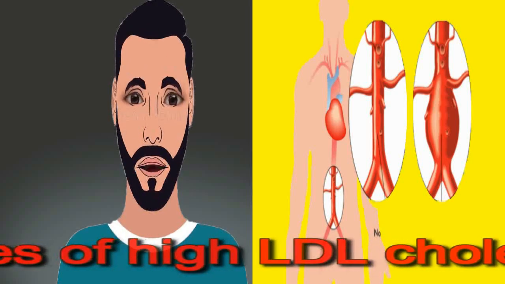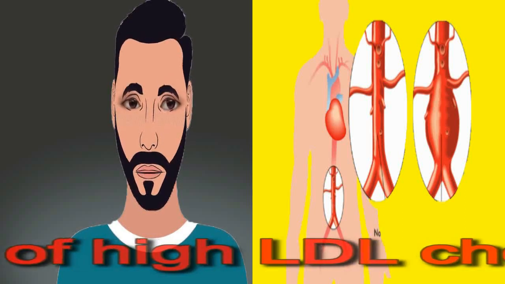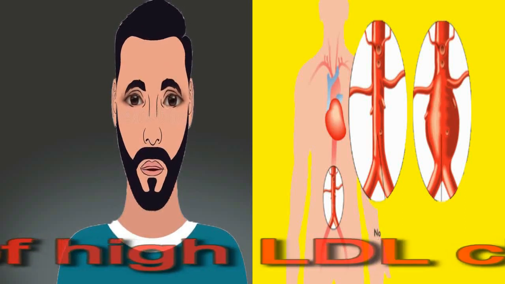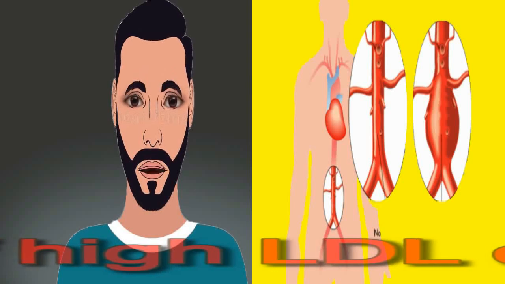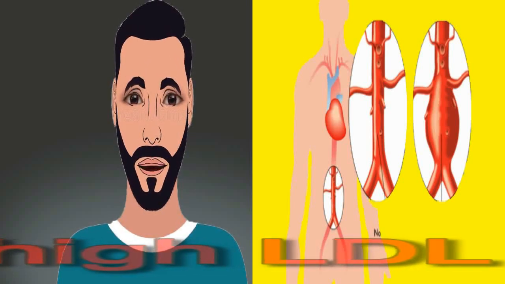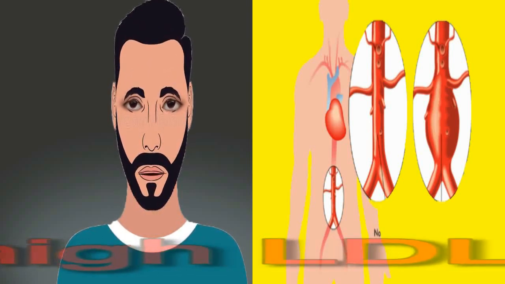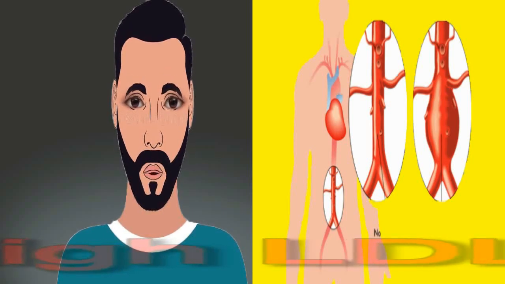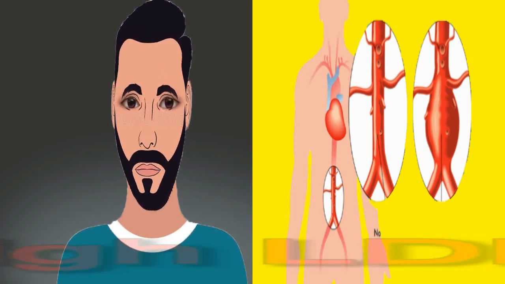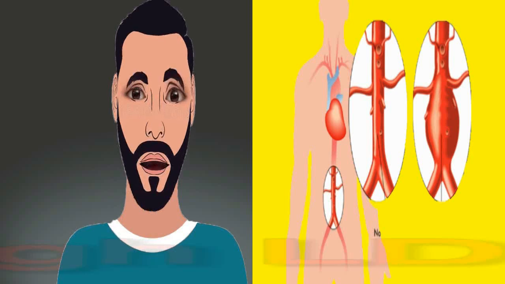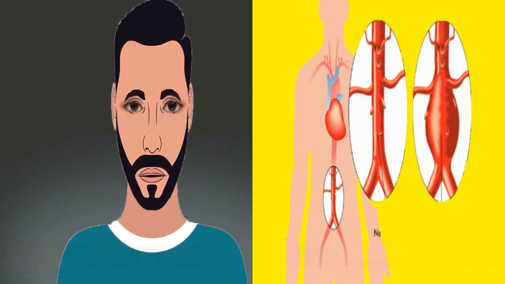Menopause. For some women, cholesterol levels can rise after menopause. Genetics. Familial hypercholesterolemia, or FH, is an inherited form of high cholesterol that puts people at risk of early heart disease.